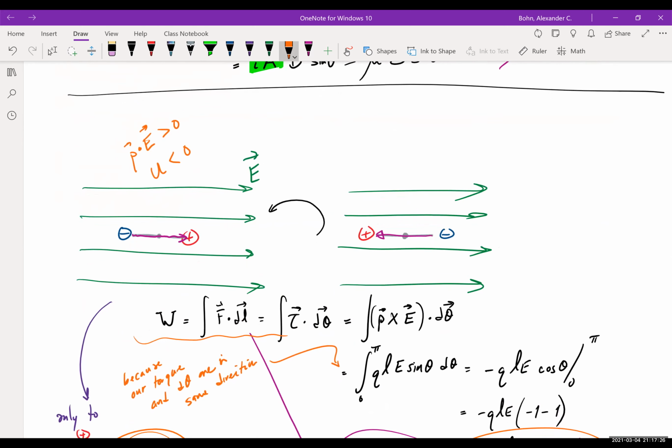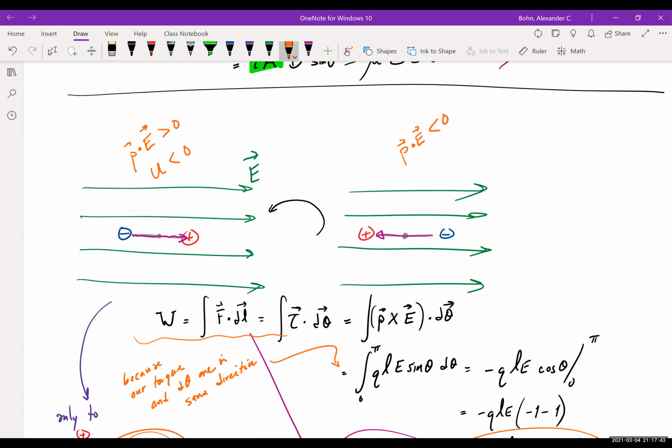And here, the dot product is positive. I'm sorry, is negative. I'm all over the place today. The dot product is negative because they're anti-parallel.